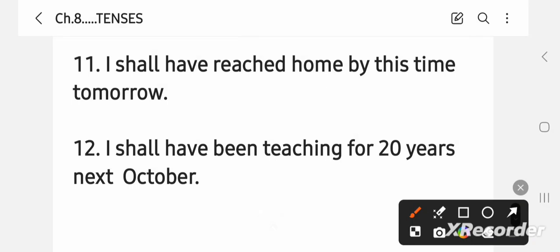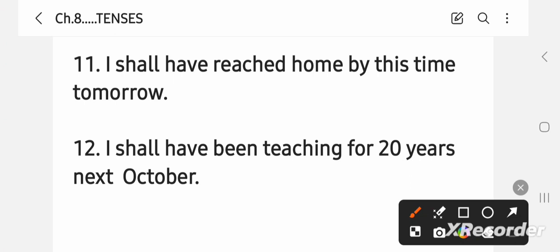I shall have reached home by this time tomorrow. Now the sentence seems to be long, but it is simple. Let's understand it first. I shall have reached home means मैं घर ऑलरेडी पहुंच चुका होगा by this time tomorrow. कल ये टाइम तक, इस टाइम तक. So here कौन सा टेंस है?